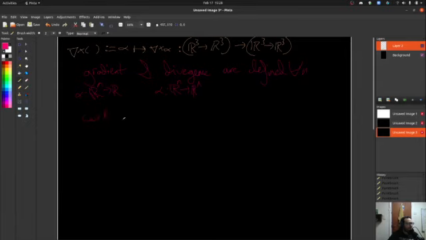Curl is only defined for vector fields in R3. Alpha, R3 into R3. I think this is the right signature.